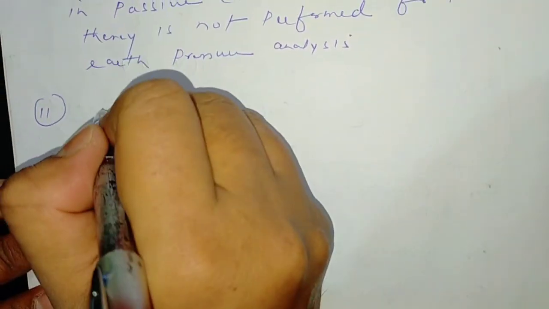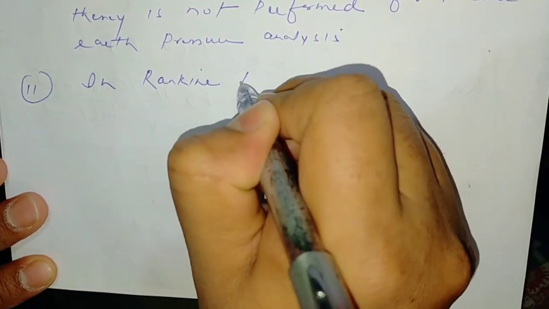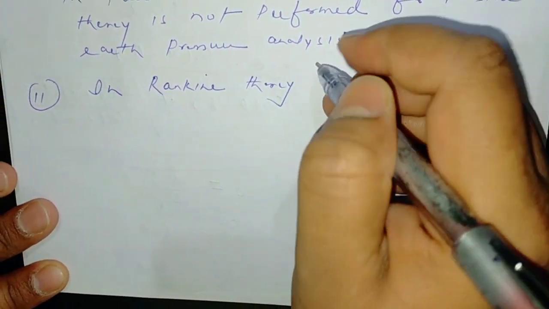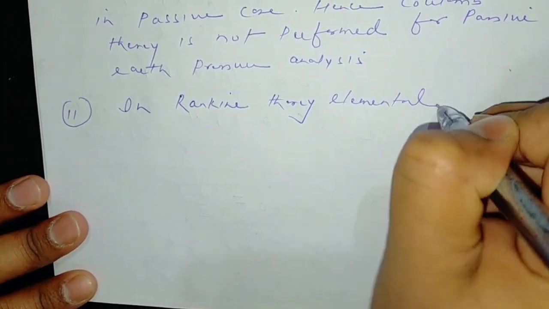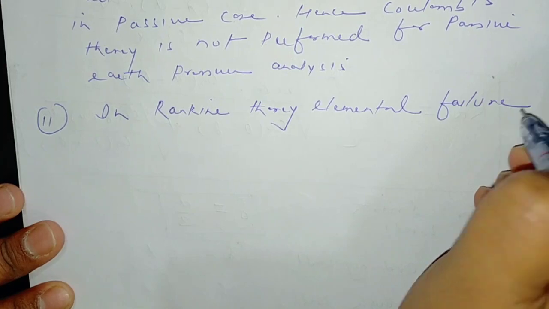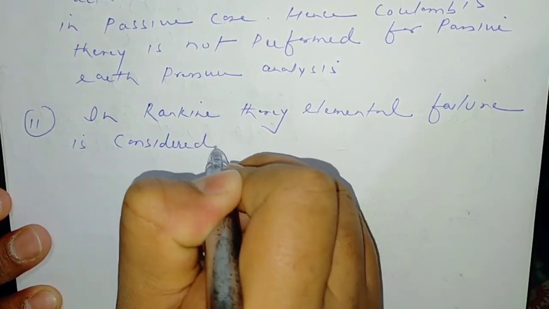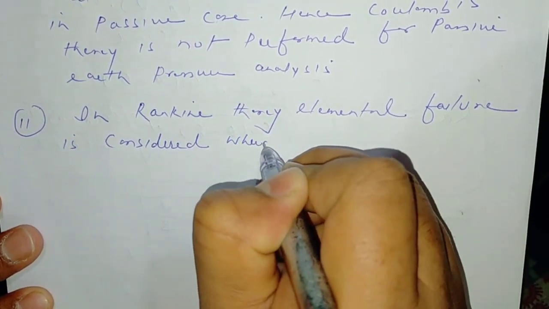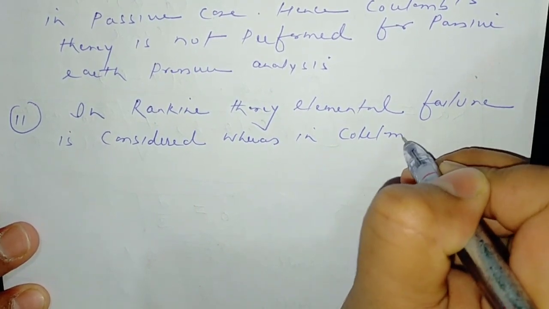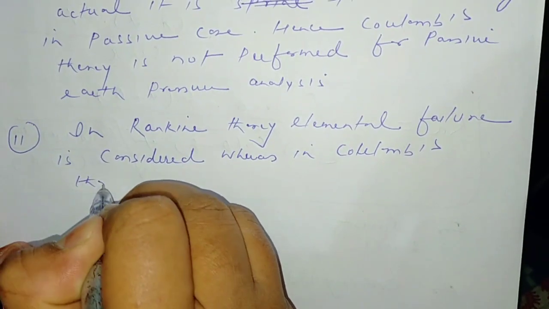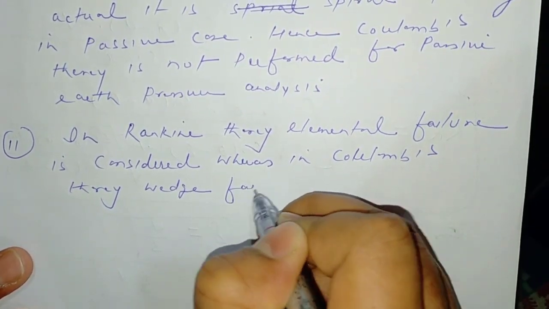Second note, in Rankine theory, elemental failure is considered, whereas in Coulomb's theory, wedge failure is considered.